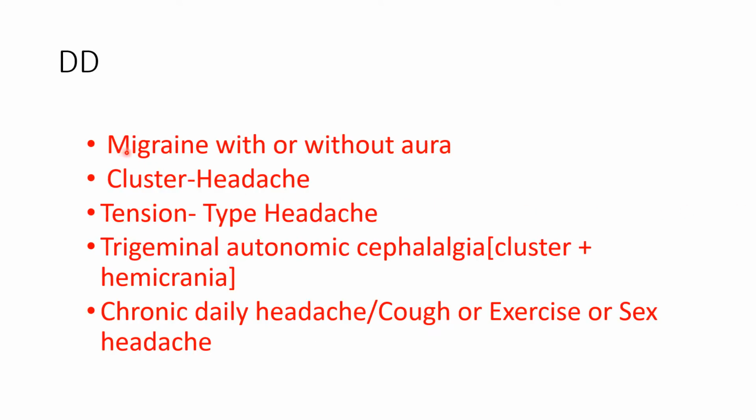Okay, the headache might be migraine with or without aura. It might be cluster headache, another primary headache, might be tension type headache, and might be trigeminal autonomic cephalgia, that is cluster plus migraine. Might be chronic daily headache, as either with cough or exercise, or you understand this, I'm not going to say it.